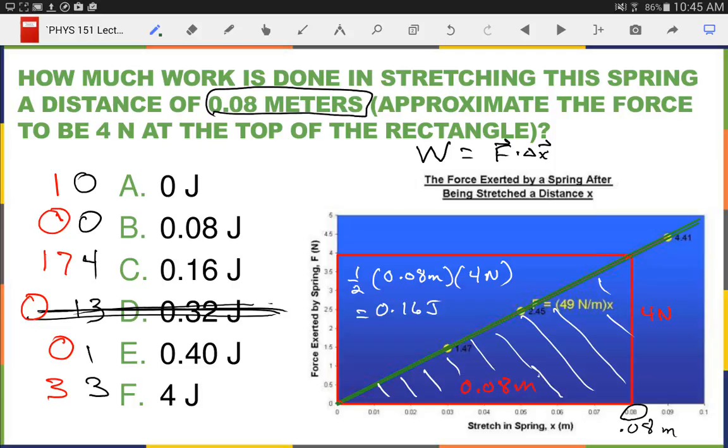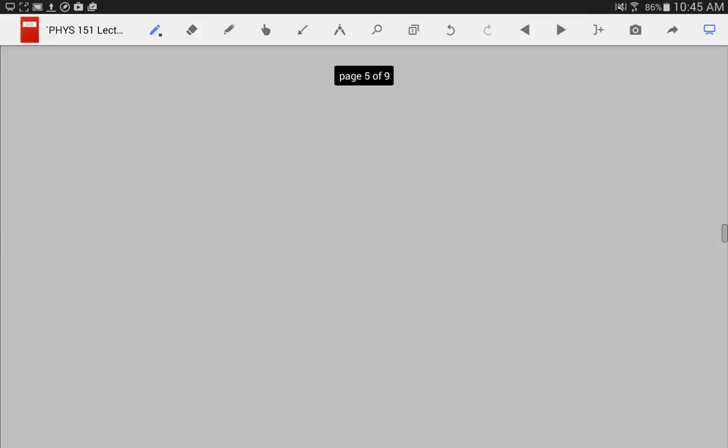So does everyone understand the methodology there? Understand how the graph works to find work? Because things that I don't like are when people miss points on a test on something that should have been reasonably simple. If you have this on a test, now it should look simple to you, I hope.